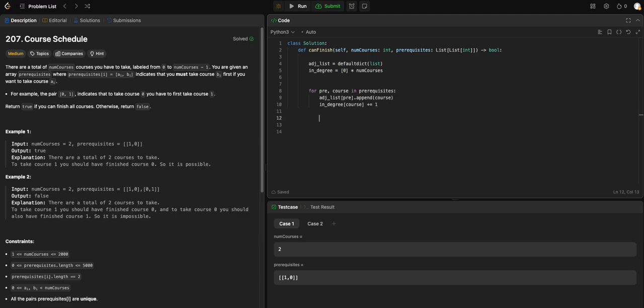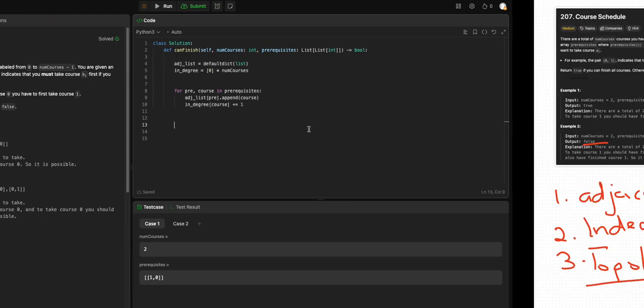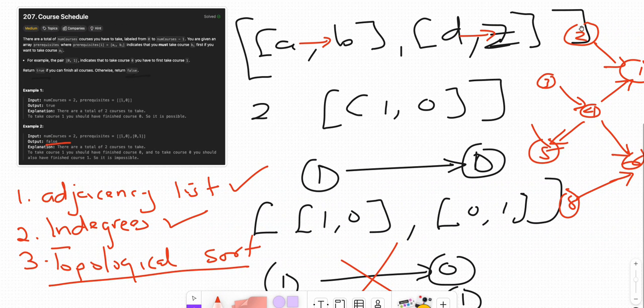Now we look for courses with in degree value of 0, because those are the courses we can take first. Here, courses 0, 1, 2, 3 and 8 have in degree 0.